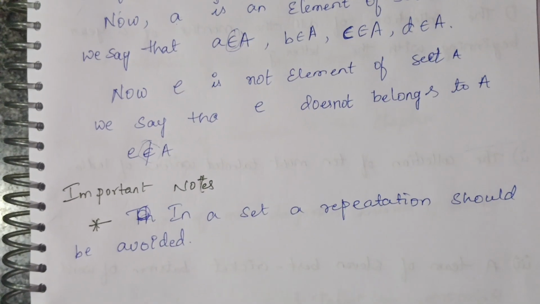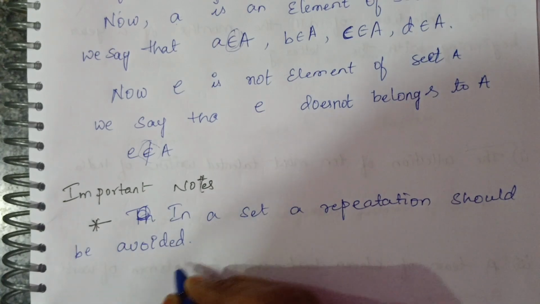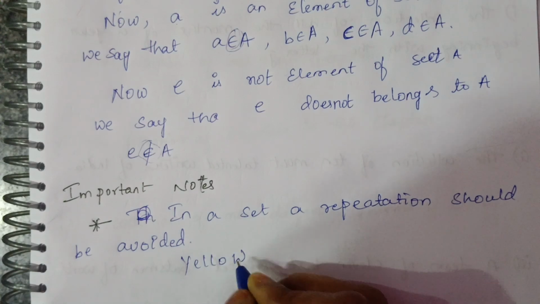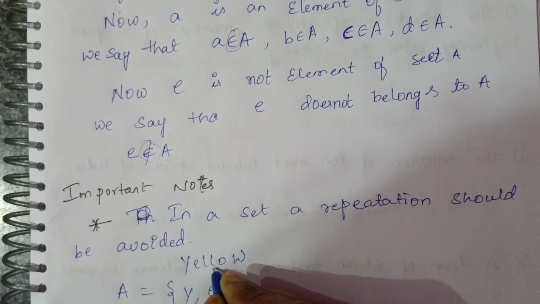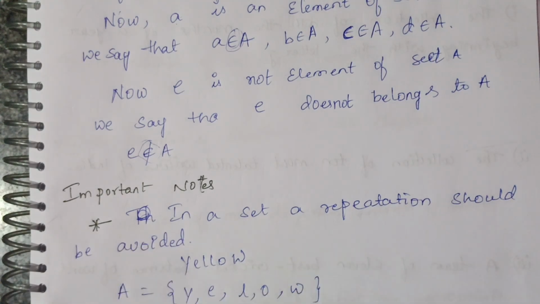Repetition should be avoided in a set means, if we write yellow in a set, A equals Y, E, L, here one more L is there, so repetition should not be there. Y, E, L, O, W, like this we will write. Repetition should be avoided, or distinct elements should be there in a set.